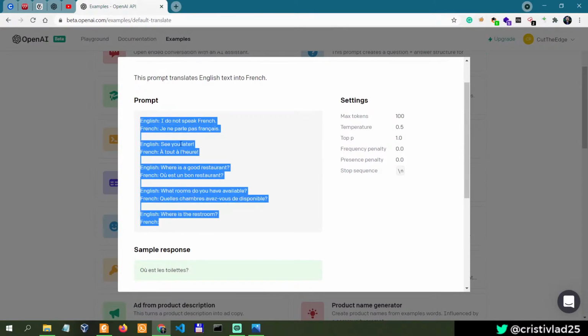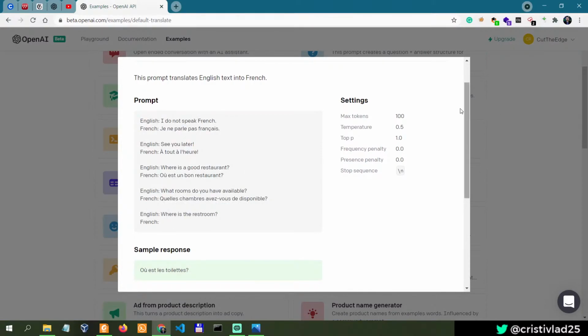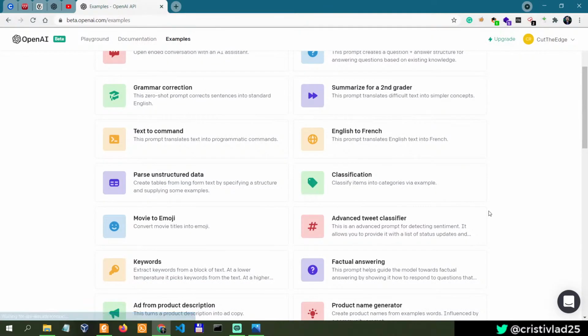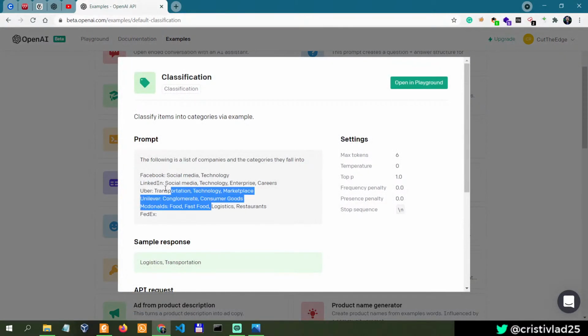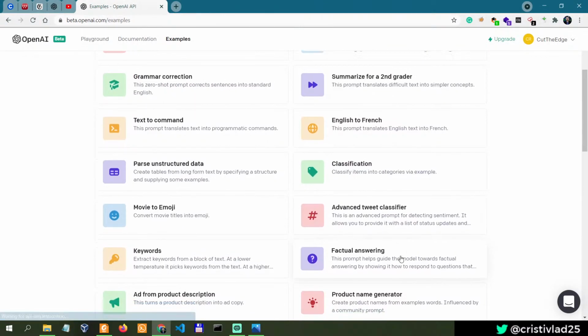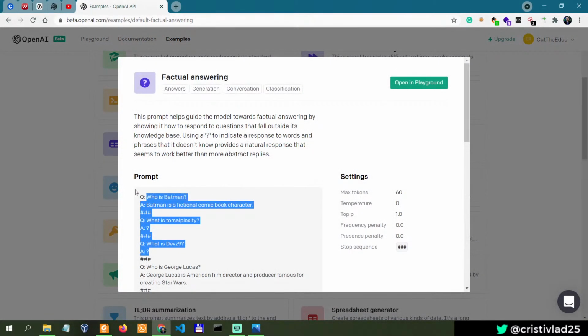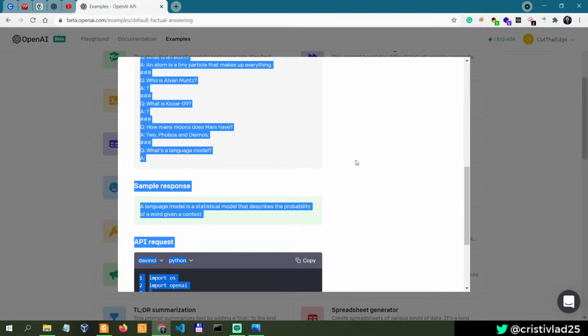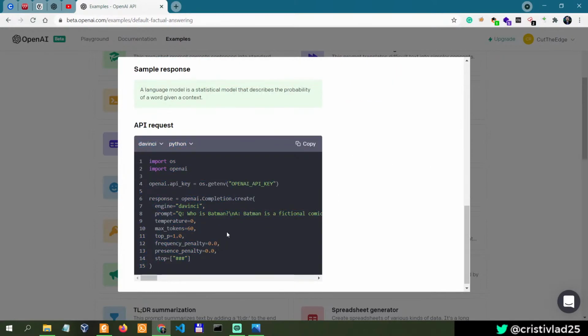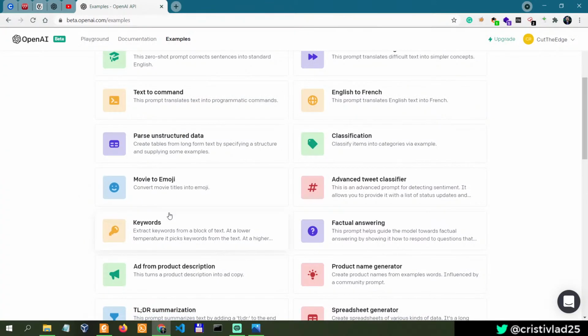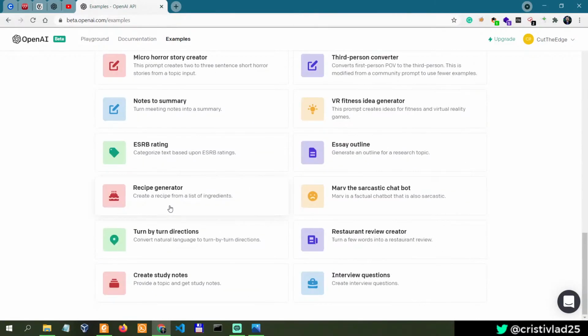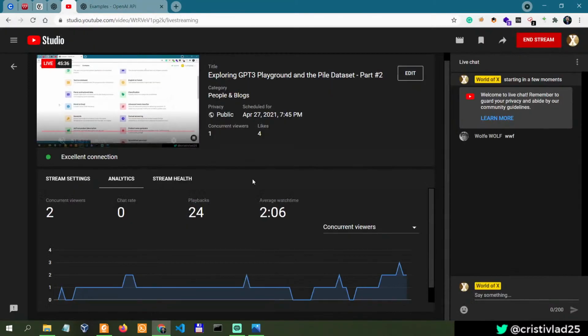This is a translator similar to what we've done. We have the setting parameters, classification, we have the prompt, tweet classifier, factual answering. This is something that I'm really interested in. It also gives you the API requests in Python, curl. Okay, we'll go through these in future live streams.